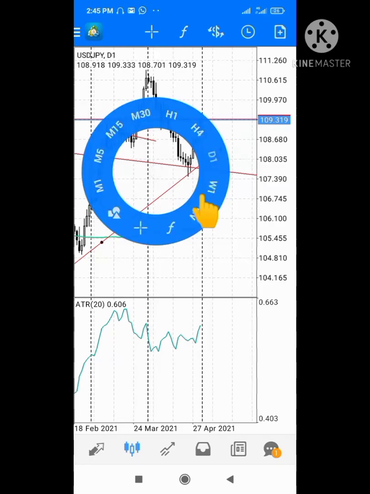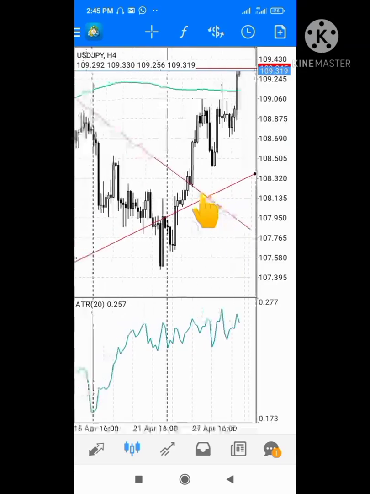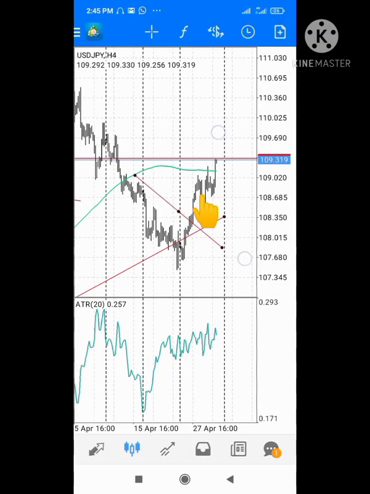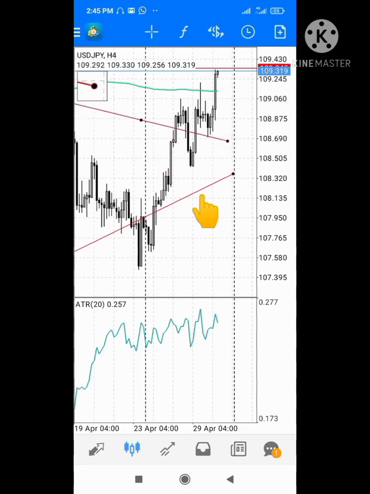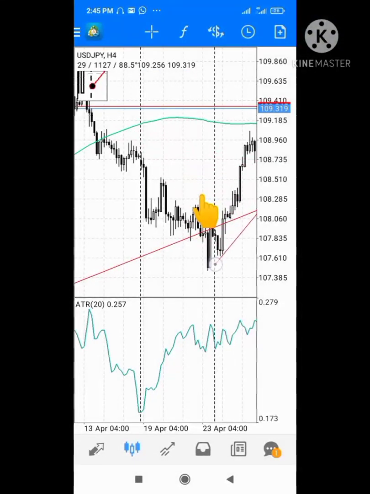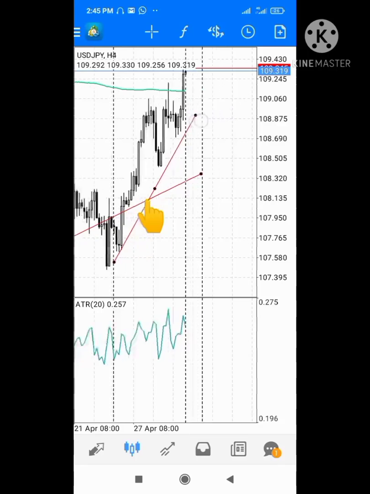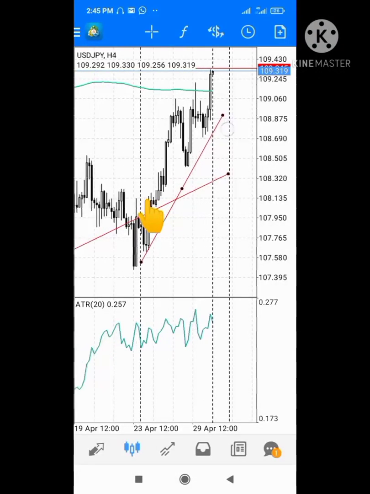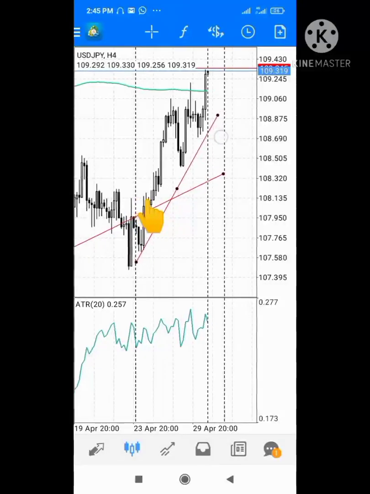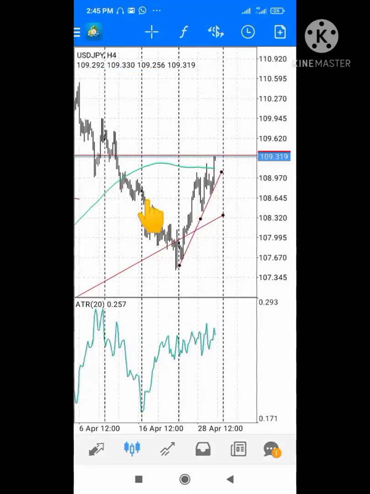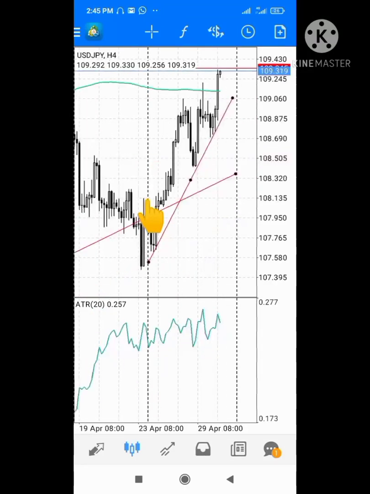So by the time you come to 4 hours time frame, you discover, okay, that since you want to buy, if I come back here and connect these dots, by looking at this thing, if you understand what they call breakout, you discover that this candle break out of this resistance level, which is showing you to buy.